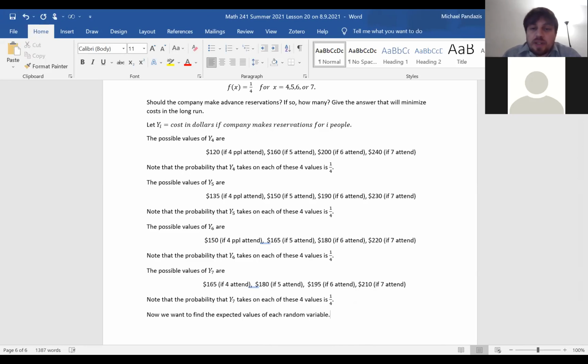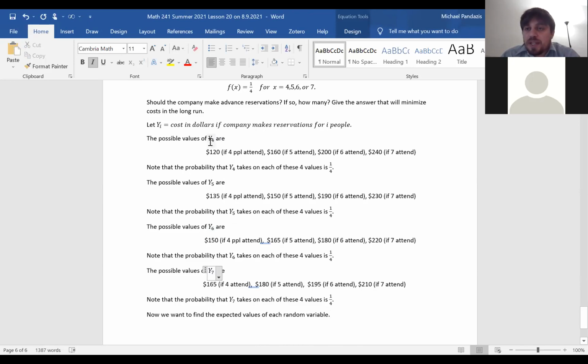Each random variable is talking about how much they would have to pay, assuming they make a certain number of reservations in advance. So y sub 4 are the amounts that they have to pay if they make 4 reservations in advance. Y sub 5 is the amounts they have to pay if they make 5 reservations in advance. Y sub 6 are the amounts they have to pay if they make 6 in advance. Y sub 7 are the amounts they have to pay if they make 7 reservations in advance. And so we find the expected value of each.